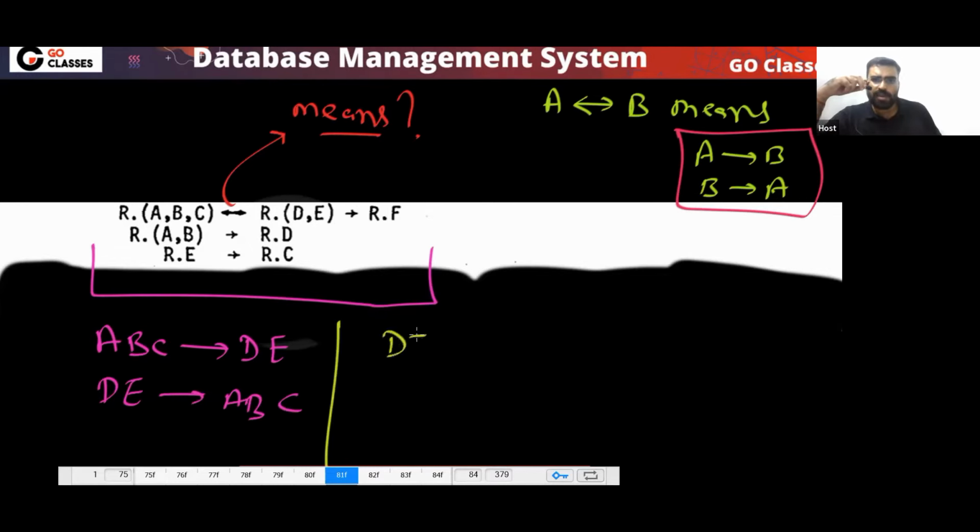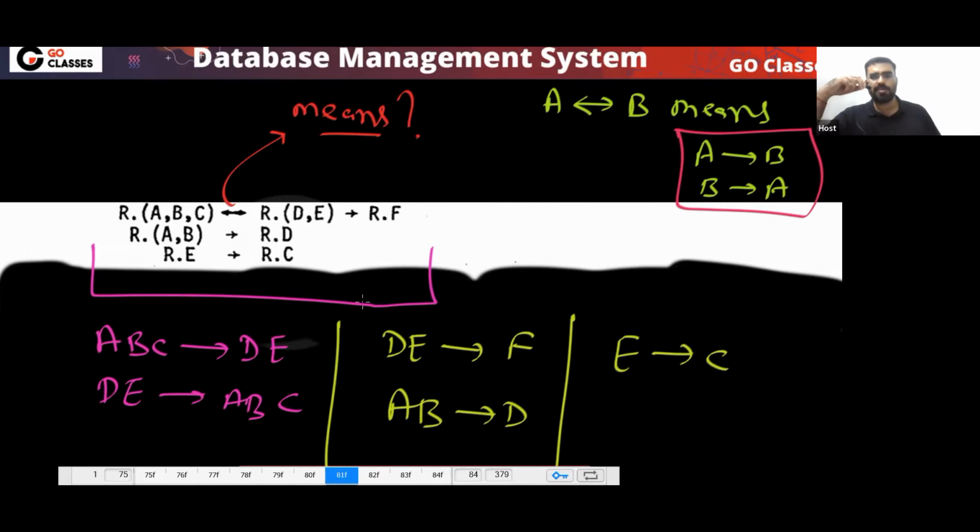Also DE determines F. Also AB determines D. Also E determines C. These are the functional dependencies. This is your relation, which has attributes A, B, C, D, E, F.